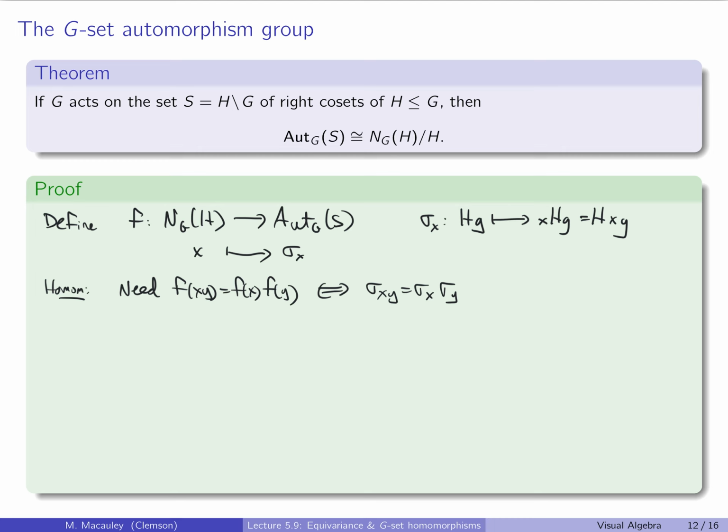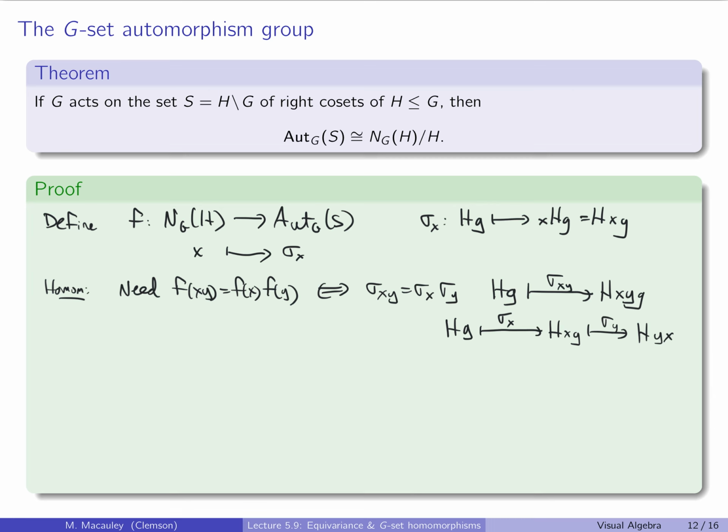So sigma xy, if we take Hg, sends it to Hxyg. Whereas if we take Hg, and now we first apply sigma x, remember we are reading from left to right, we get Hxg, and now we apply sigma y, we get Hy.